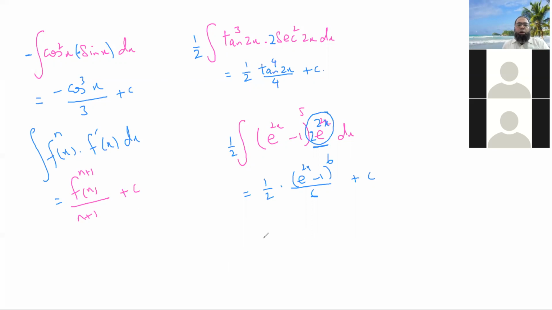Okay. Now going back to the question where we were discussing how to integrate an odd power on cos or sine. This is cos cube x dx. Now, if you write this as cos x, cos square x, in fact, into cos x.